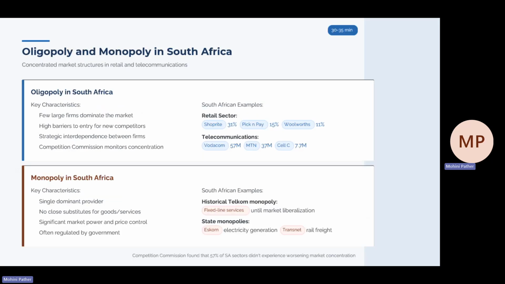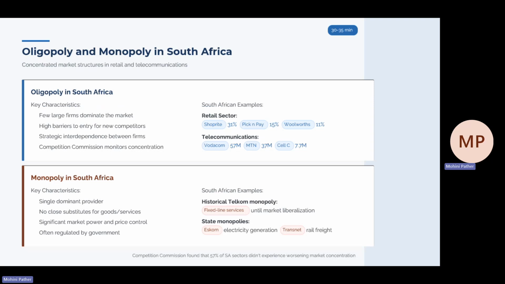Okay, so oligopolies in South Africa. This is where you have a few large firms dominating the market. We have a few examples. In fact, a lot of our industries are oligopolies. They have oligopolistic characteristics.